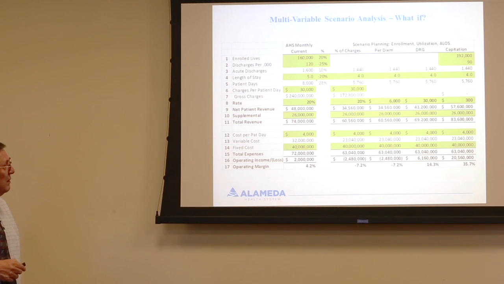We have fewer discharges, fewer days, way less gross revenue. So our net patient revenues dropped from 48 down to 34. The same thing has happened here because we get paid per diems. Here, not quite as bad, because we get paid off discharges.